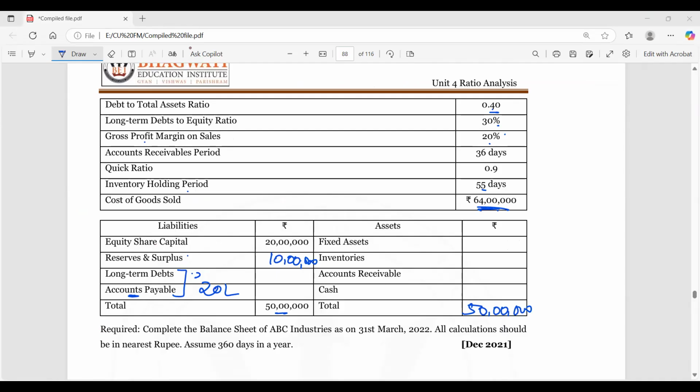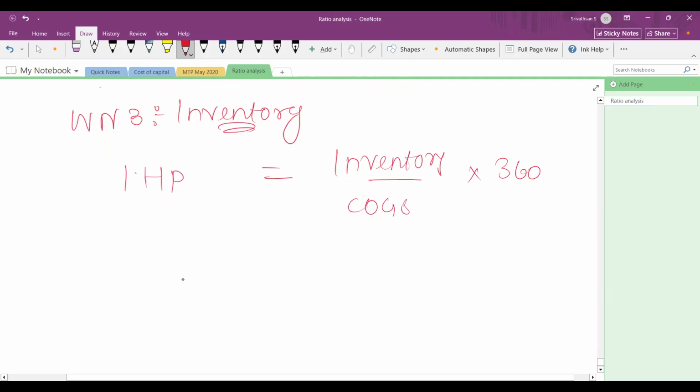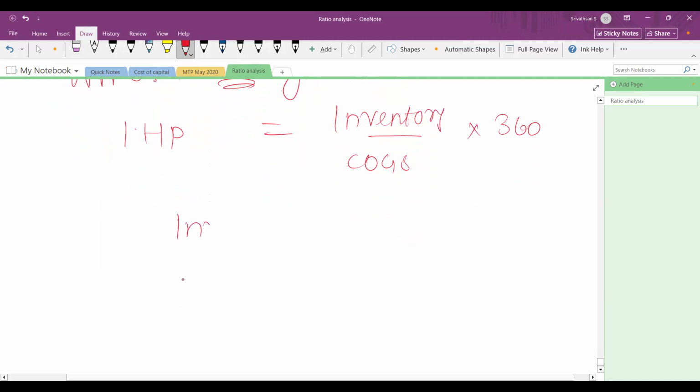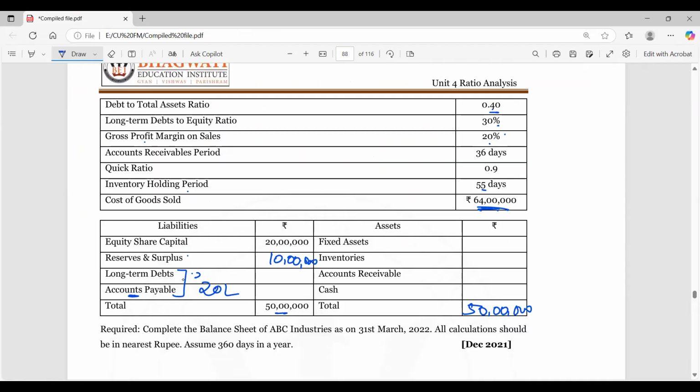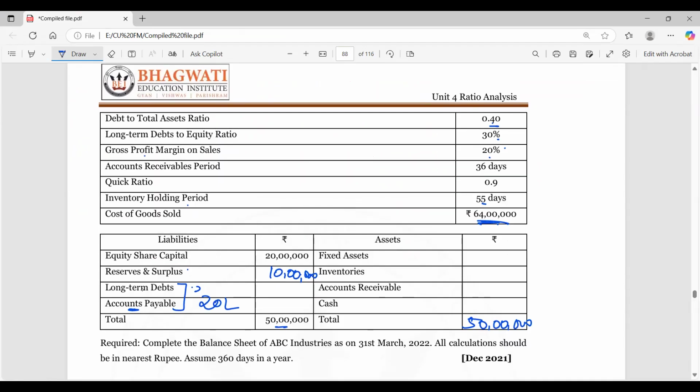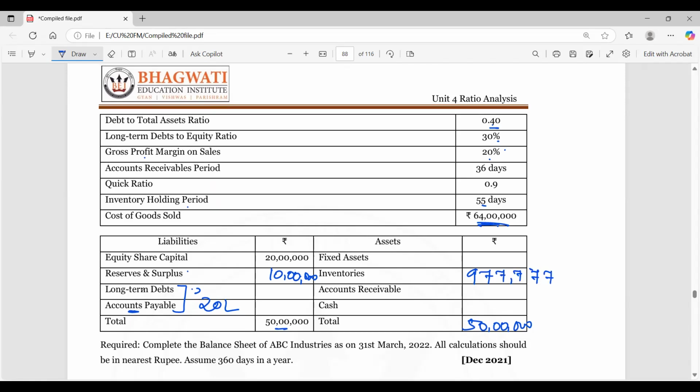So you calculate the amount of inventory and tell me how much it is. Decimals, you're getting 77,777. Did you all understand how we got these numbers? So write down 977,777. Receivables, how much? 8 lakh.